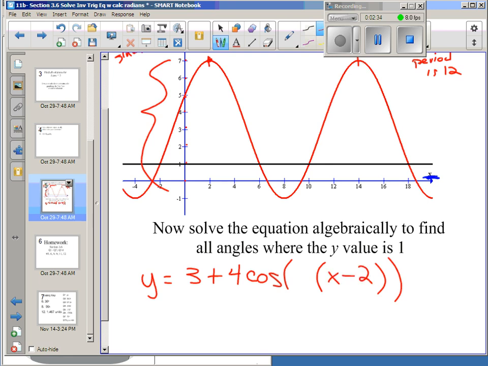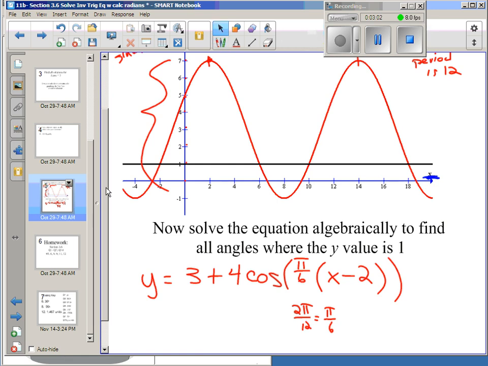Right 2 is going to be x minus 2, and the trickiest part, I do not put 12 in here. What I do put is I take 2 pi and divide by 12, otherwise known as pi over 6. So I'm going to take my 2 pi period. Multiplying by pi will shrink the pi right out of that, and I end up with a period of 2, and then dividing by 6 will stretch that 2 out to a period of 12, which is what I want.